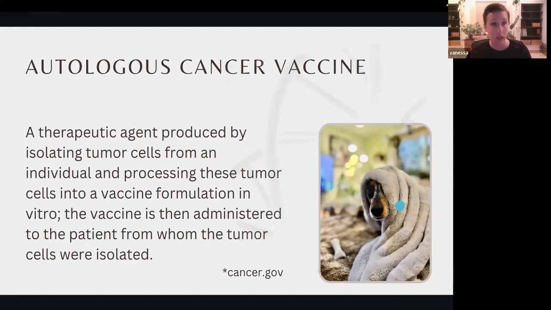Cancer.gov, love cancer.gov, defines autologous cancer vaccines as a therapeutic agent produced by isolating tumor cells from an individual and processing these tumor cells into a vaccine formulation in vitro. The vaccine is then administered to the patient from whom the tumor cells were isolated. So you take them out, you do something to them, and then you give them back to the patient to try to ignite the immune system.